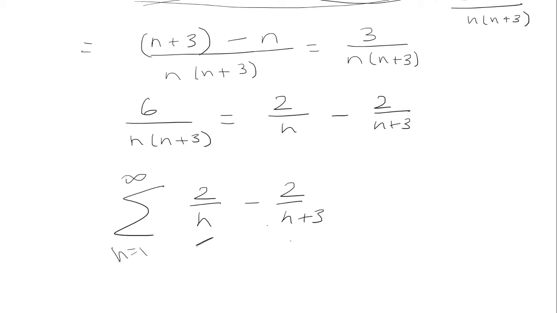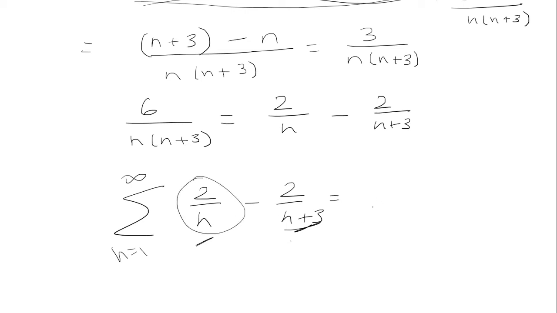The difference here is 3. So that means for the first 3 terms, and I'm going to use the word terms a little loosely, they're going to remain. So it turns out that the first 3 terms of 2 over n are going to be left, and then everything else is going to get canceled.